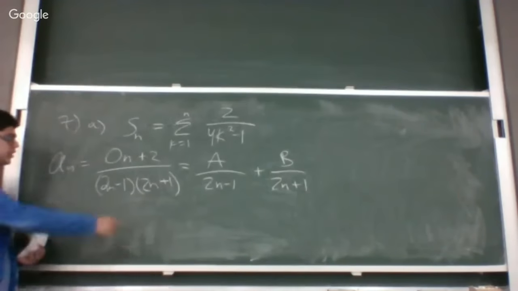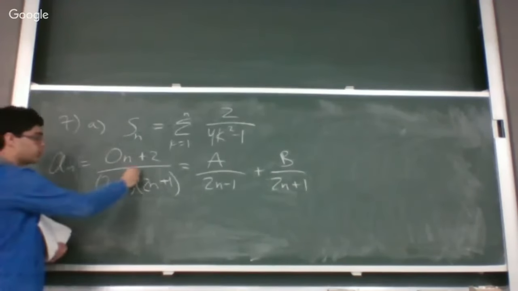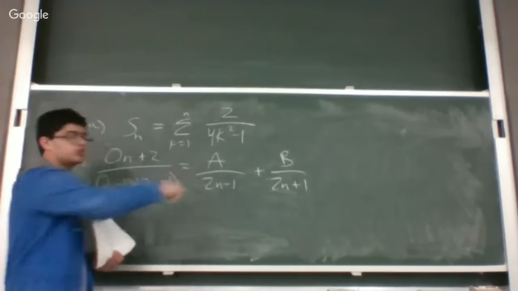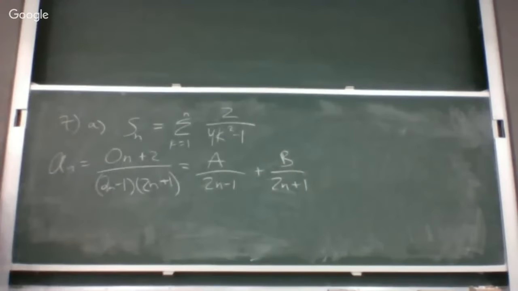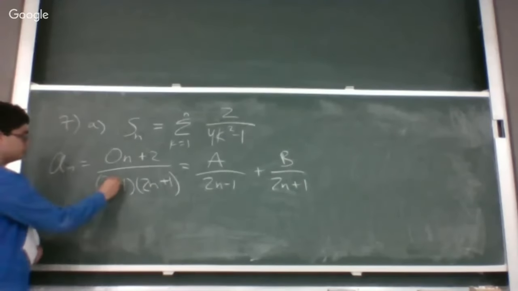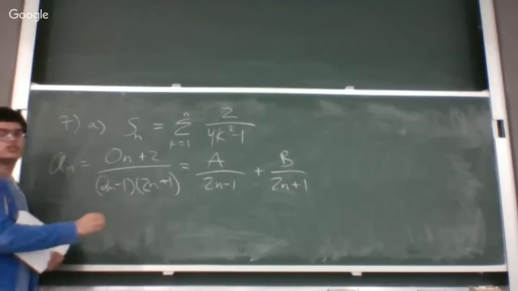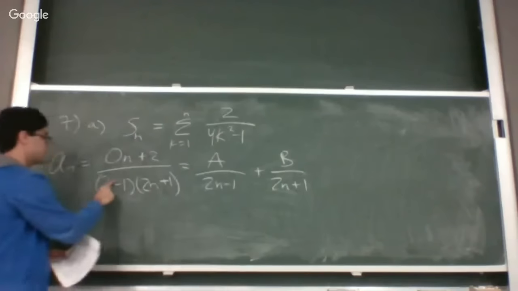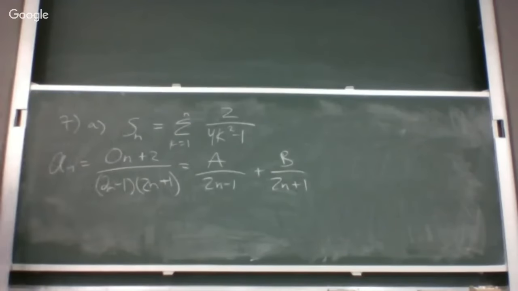You guys all understand how to do those? If this was squared, you need something with a squared with that part as well. If we had 2n squared here, this would be An plus B, something like that. You guys all understand that? That's in your slide.